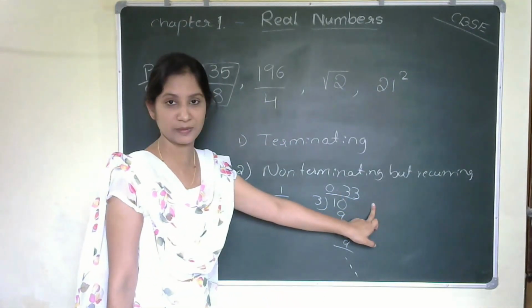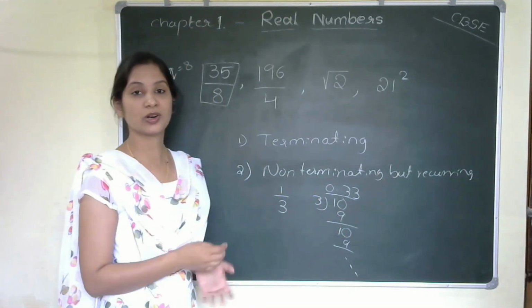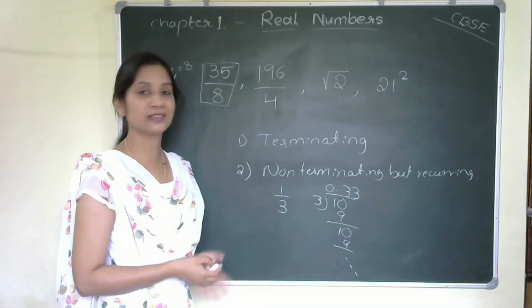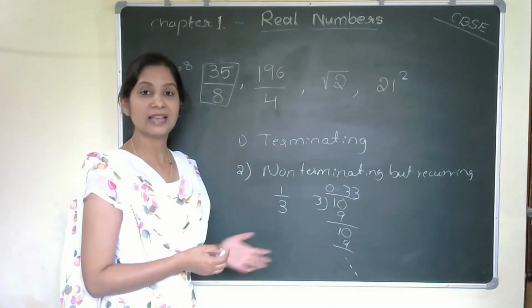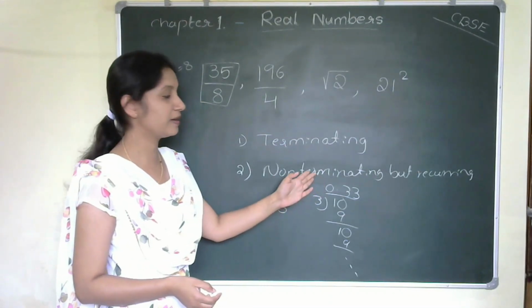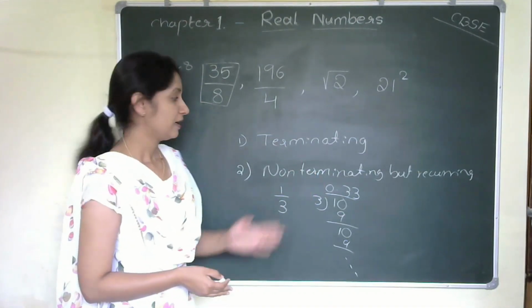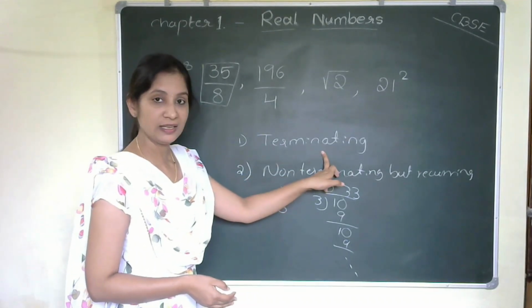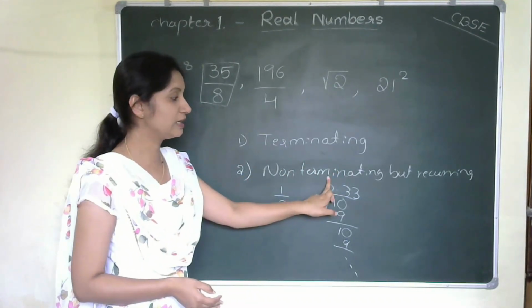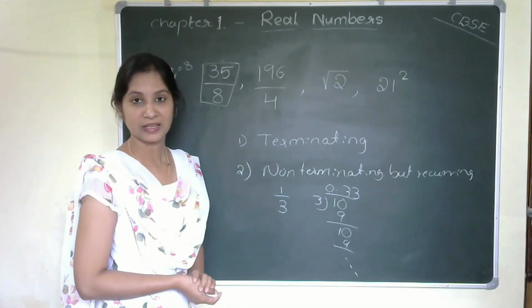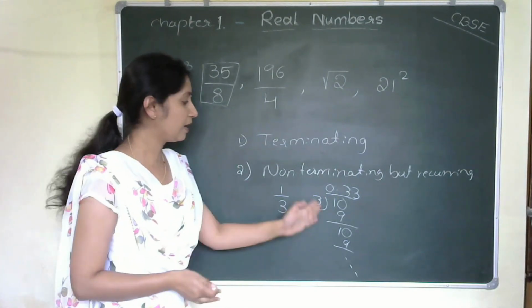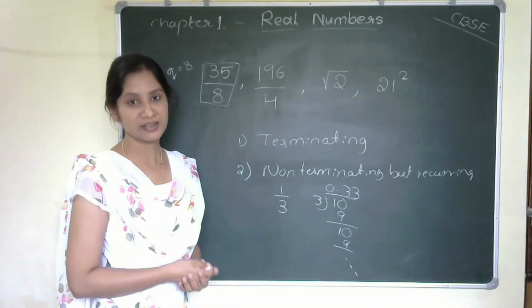This is recurring. So this is also called a rational number. 1 by 3 is a rational number. That means in different examples, we came to know that it may be terminating, or if it is not terminating, it may be recurring. In both the cases, the number will be called a rational number.